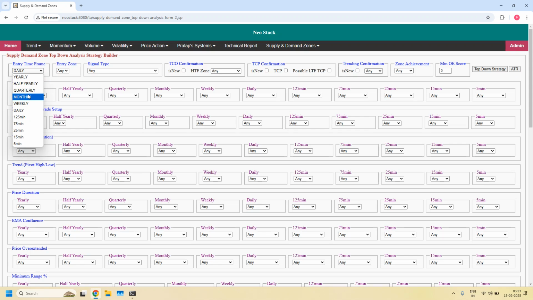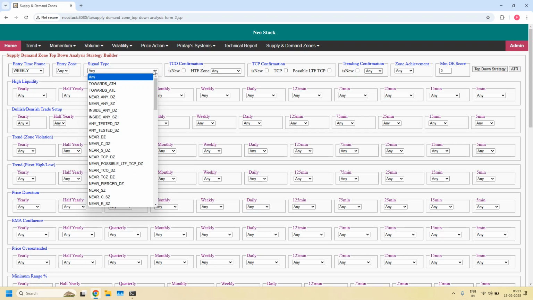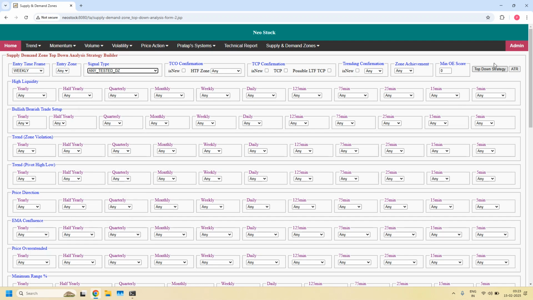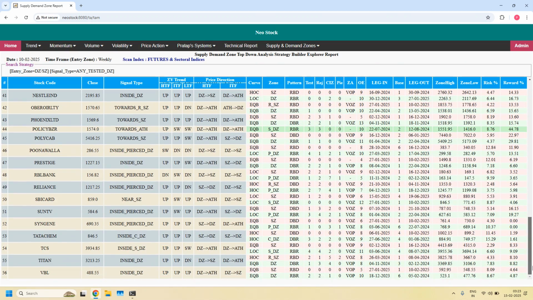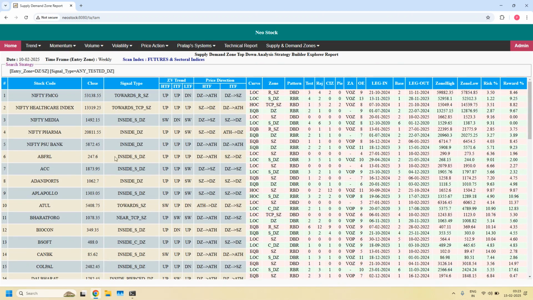Okay, now the next, weekly time frame, let us find the stocks that are having tested weekly demand zones. The stocks having demand zones tested during this week. See, this week 56 stocks are tested. These stocks having demand zones. Let me quickly scroll the list down.